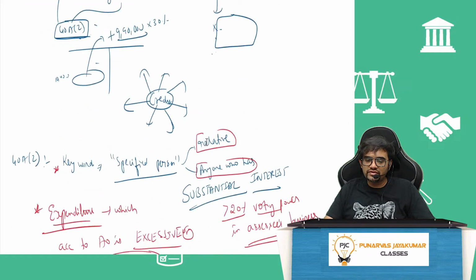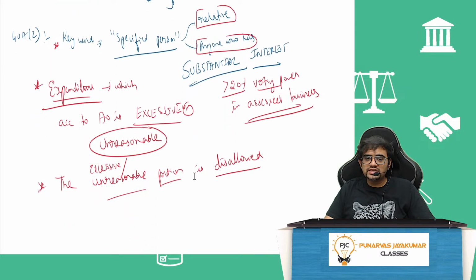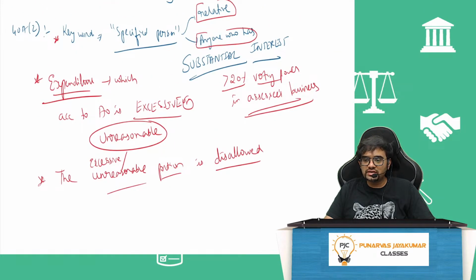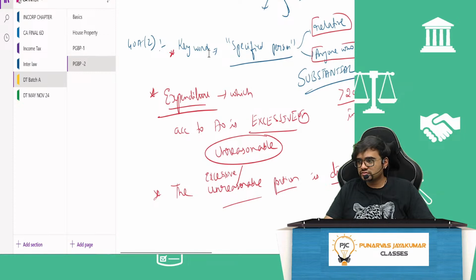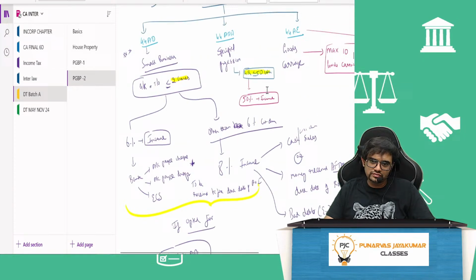If you are giving to any specified person, that is any relative or anybody who has substantial interest in the business, substantial interest meaning 20% voting power, whatever expenditure the assessing officer finds excessive or unreasonable, what will he do? He will disallow it. Unreasonable expenditure, he will completely disallow.